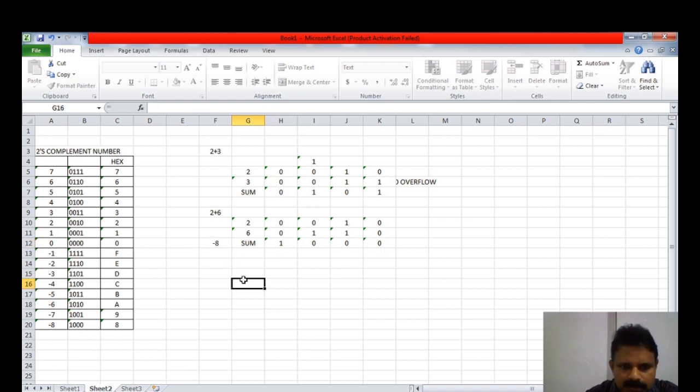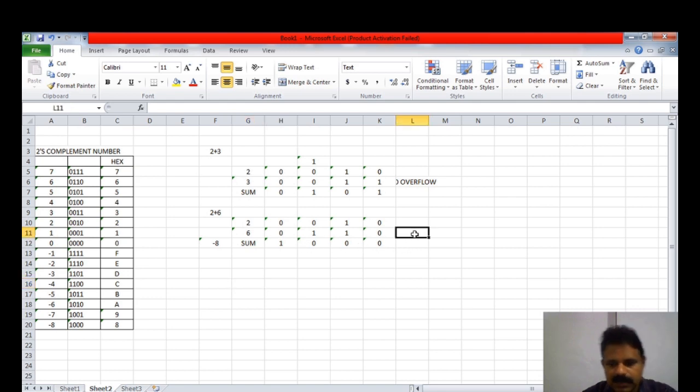We got -8 as the answer, because from the table we get the information that this pattern corresponds to -8. So the answer is not correct, and we will say there is an overflow.